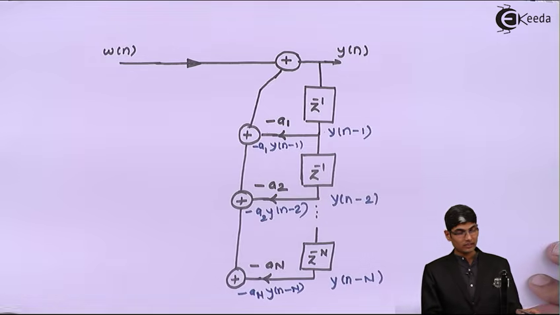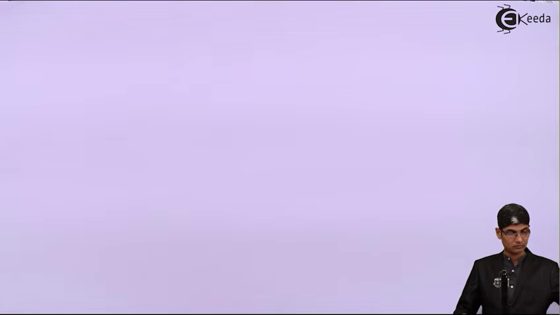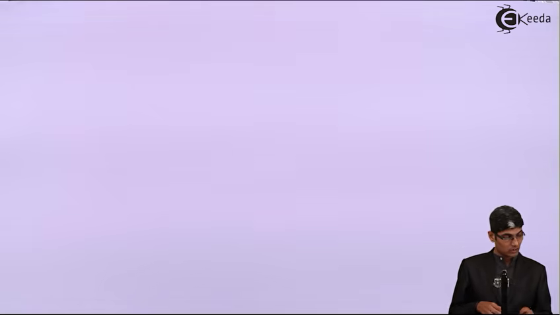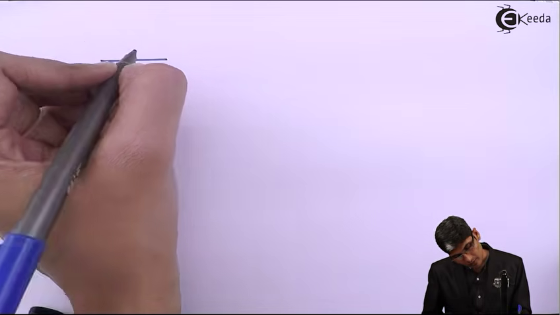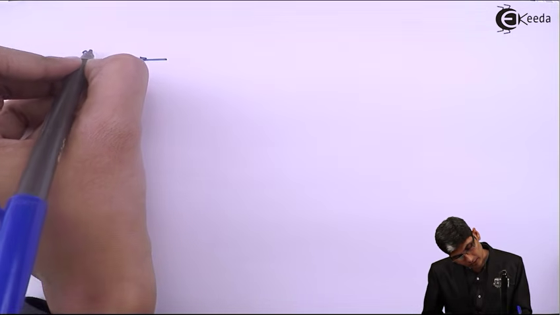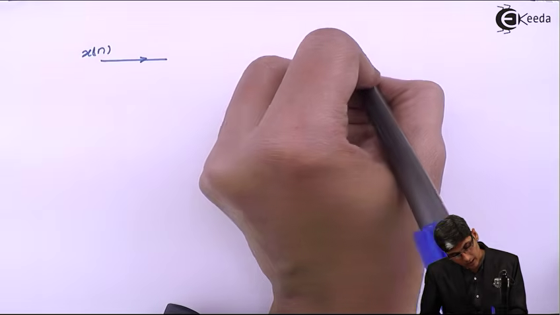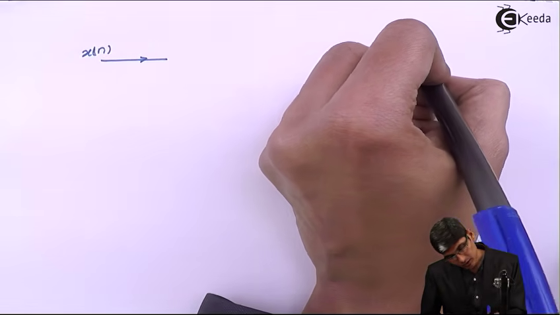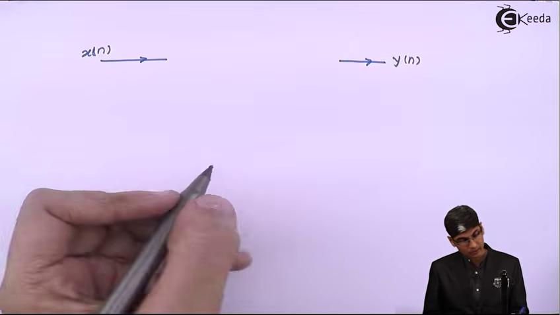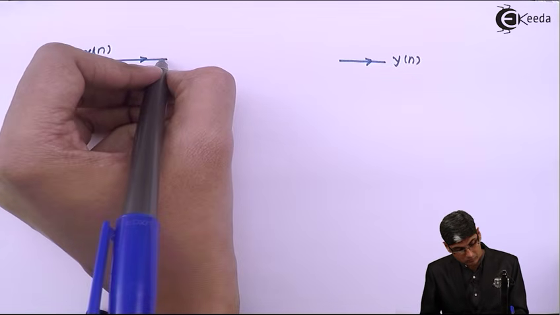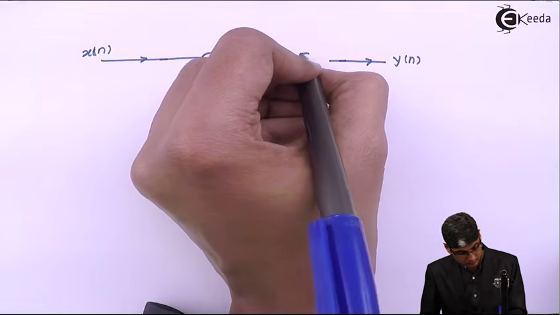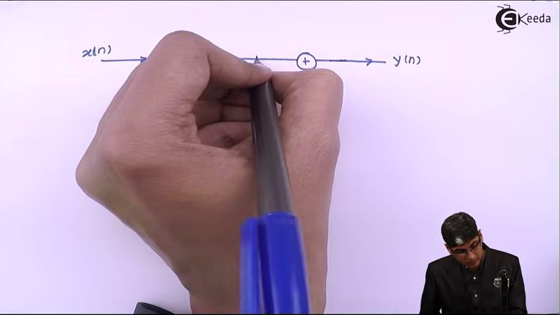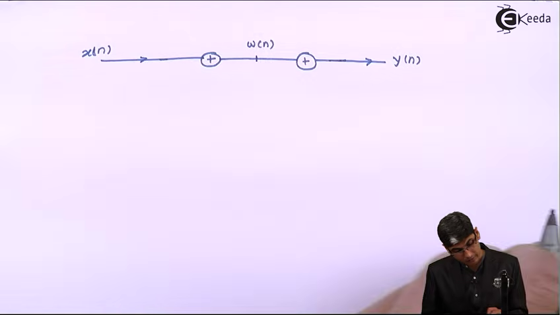So if I see these two structures combined, then I am going to get h of z. So let us quickly draw the combined structure. I will have x of n as the input and y of n as my output, and in between somewhere this will be my w of n.